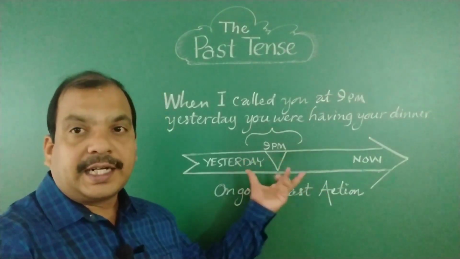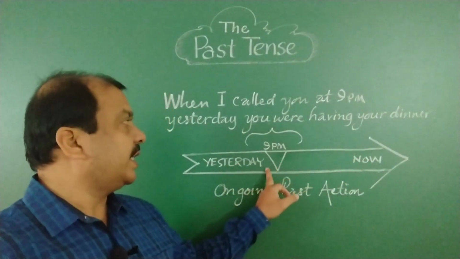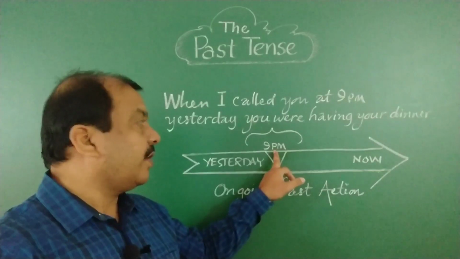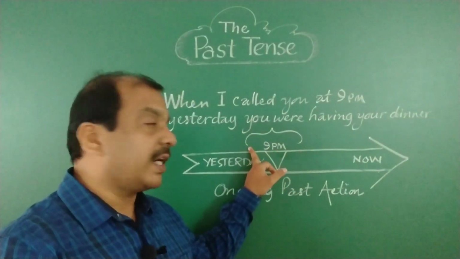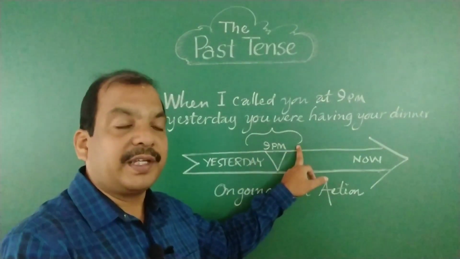And see, on the timeline also you can easily understand, it's the now time, it's the yesterday time, and it is the 9 p.m. and not exactly 9 p.m. Before 9 p.m. you started your dinner, and after 9 p.m. also it was continuing.